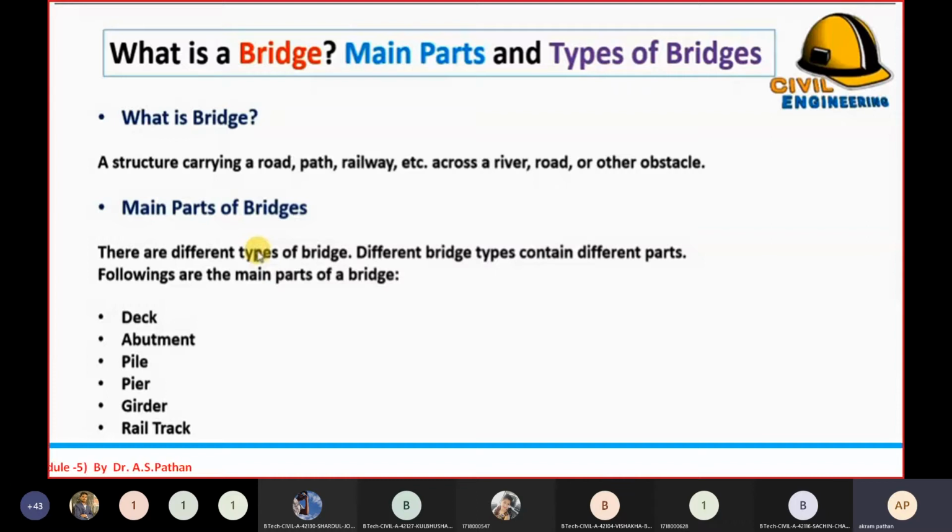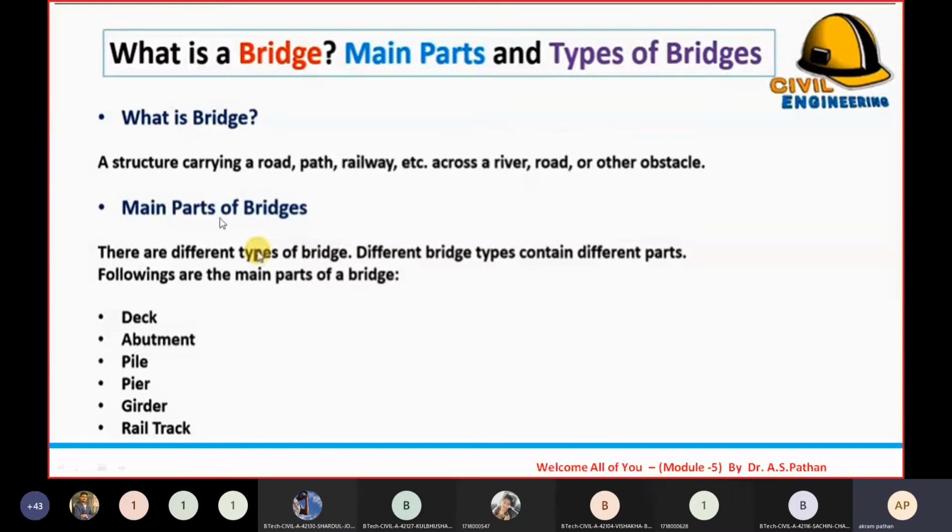In simple sentences, a bridge is a passage or structure for transportation of vehicles from one point to another across a river, road, railway or valley.